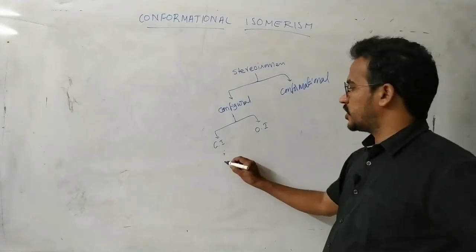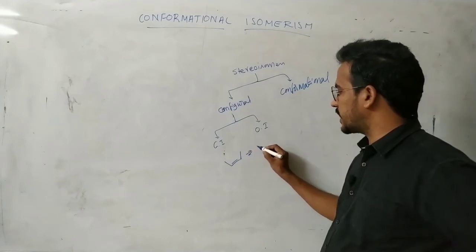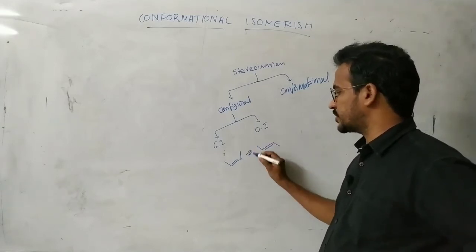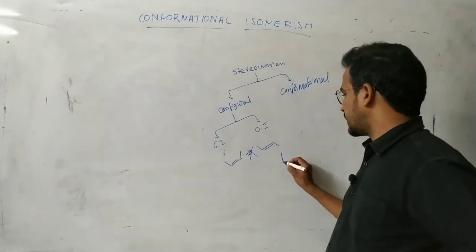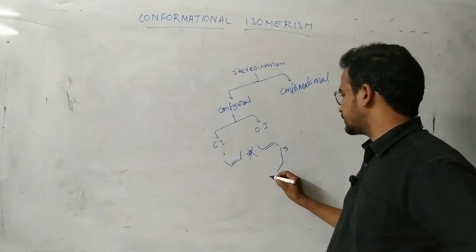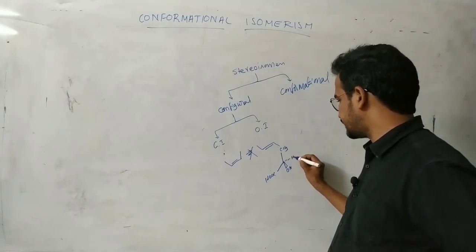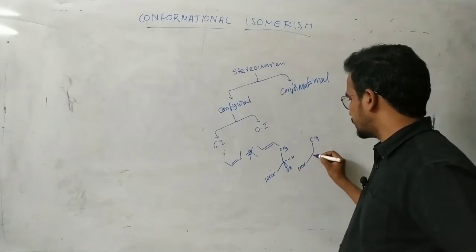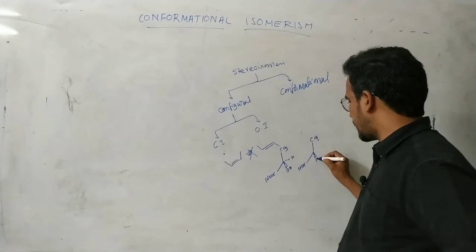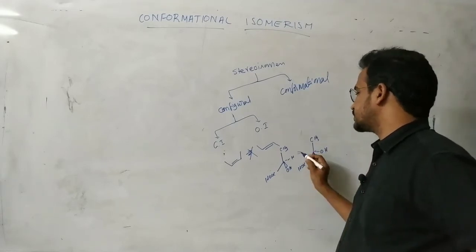Here the geometrical isomers, cis and trans-2-butene, are not interconvertible. Similarly, the optical isomers, with CH3, COOH above the plane, OH, H below the plane, and the other with H above and OH below, are also not interconvertible.